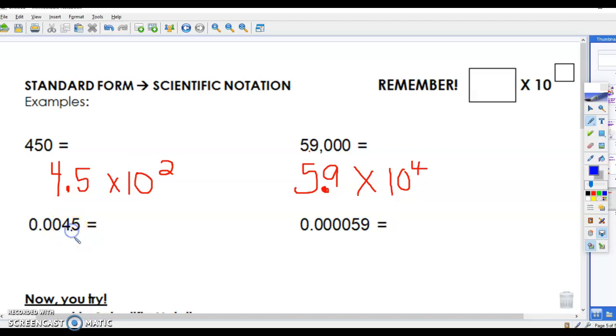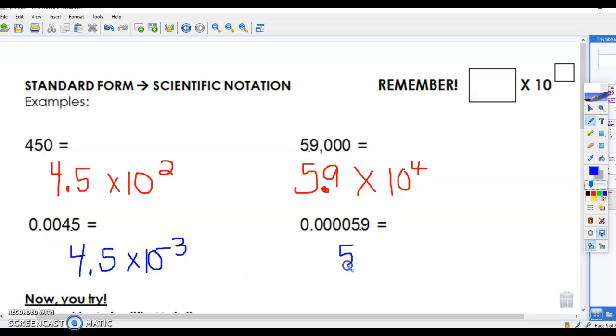So now I need my decimal here. Still, always need one number in front of the decimal. That's not a 0. But how many places do I move back? 1, 2, 3 to get it back to my original number. And because I'm going left, that's a -3. So I'm going to move this number 3 places left to get back to my original.